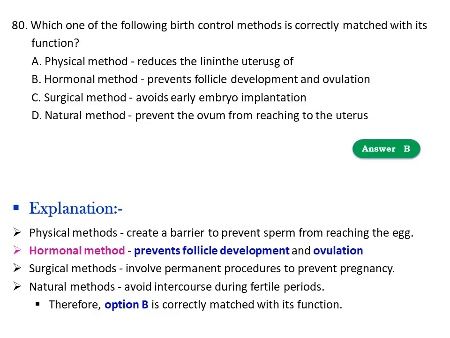B is what is correctly written in the choice. Surgical methods are a permanent procedure to prevent pregnancy, and natural methods avoid intercourse during the fertile period. So correctly the answer will be B.